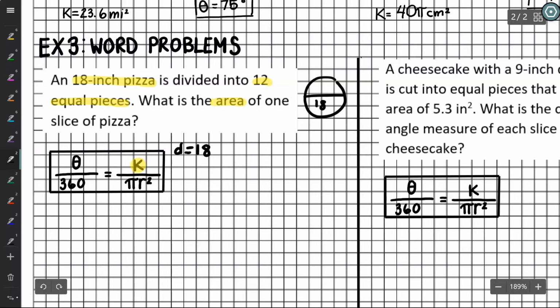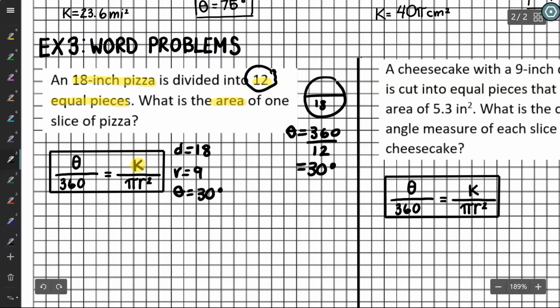And now I want to find what that theta is. So I know I divided into 12 equal pieces. So to get my theta, I'm going to divide 360 by 12, which is going to give me 30 degrees. So my theta is 30 degrees. And now I'm just going to substitute this into my proportion.